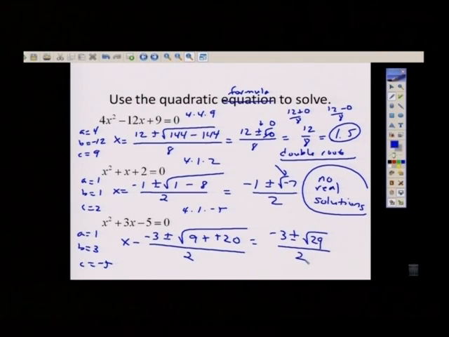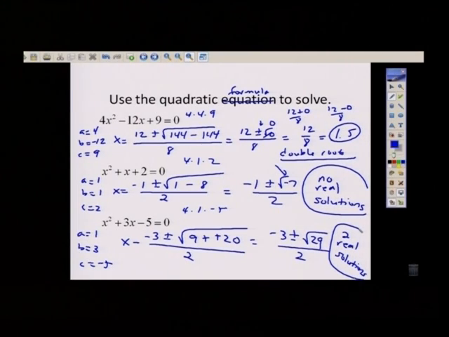So this one ended up with 2 real solutions, like we've seen on most of our problems. So negative 3 plus the square root of 29 over 2, and negative 3 minus the square root of 29 over 2.